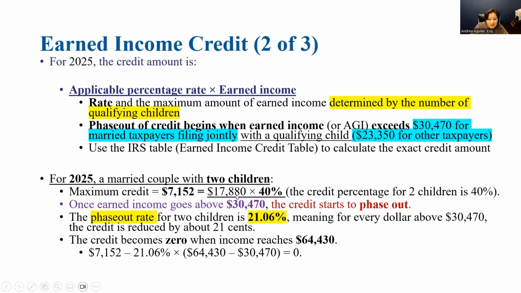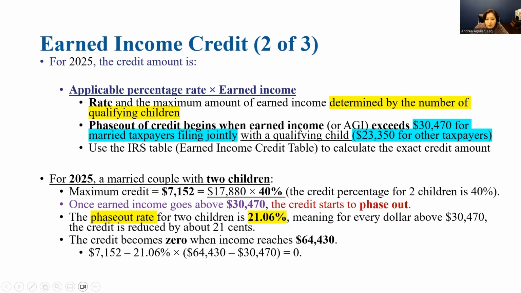So first, we start with calculating your maximum credit. And for a married couple with two children, your maximum credit will be $7,152, which is obtained by multiplying your earned income base times the applicable percentage.